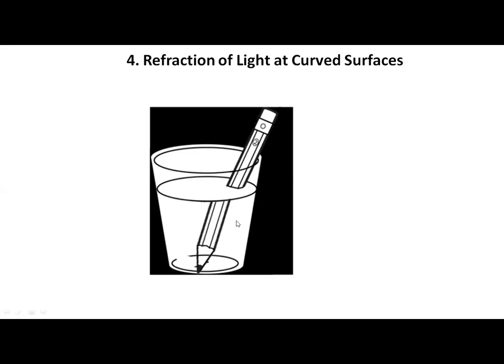But how do you feel? Is there any connection between the two parts you are observing here? You are observing two parts, one inside and one outside the water. Is there any connection between them?